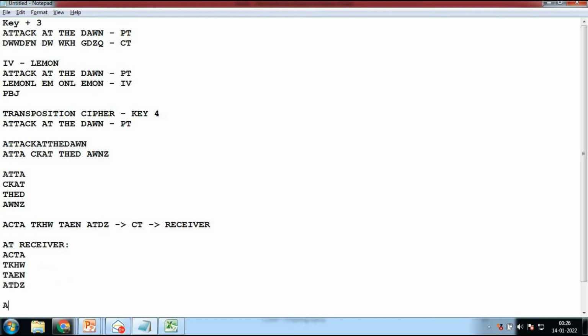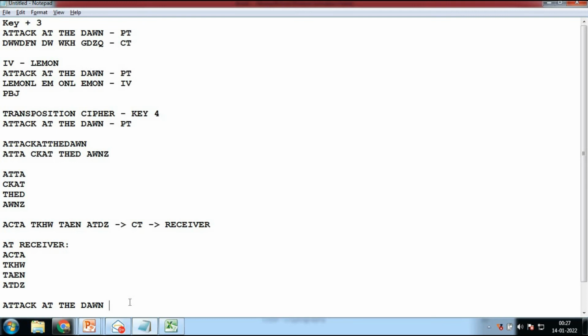So he takes the first row, ADTA, CKAT, THED, AWNZ. I'm going to remove the spaces. I can logically divide this as attack at dawn, and I know the Z is a filler. This is the transpose of a matrix.